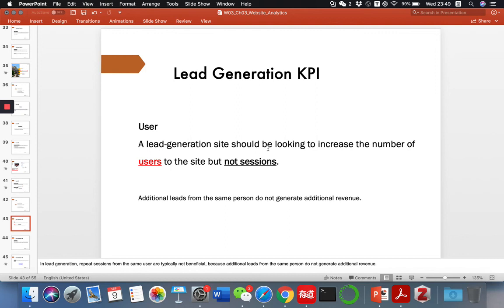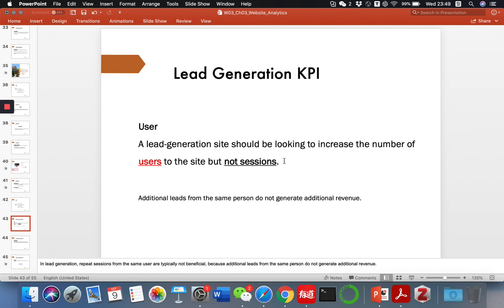But for lead generation websites, if it's the same person, you only get one set of his or her contact information, even if he or she makes multiple sessions at different times.